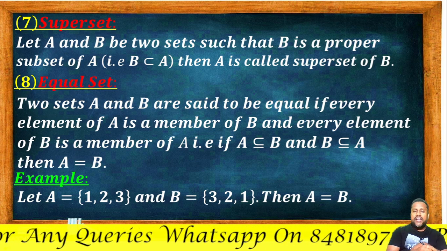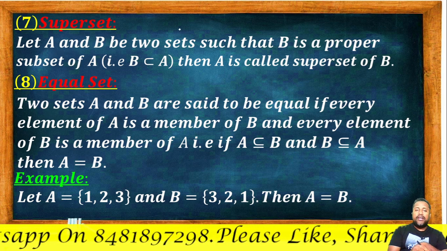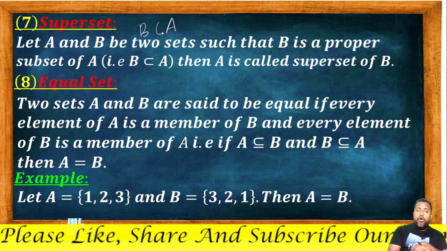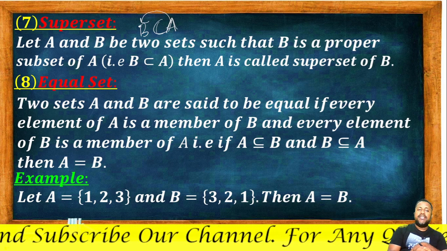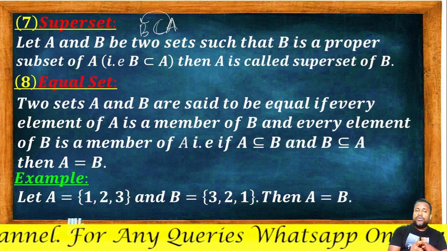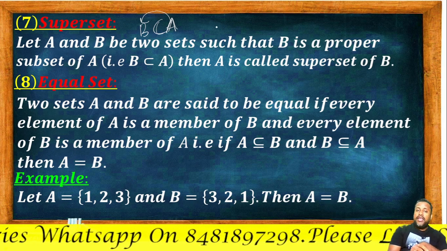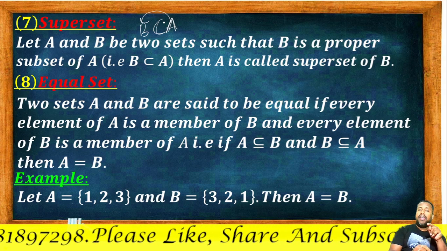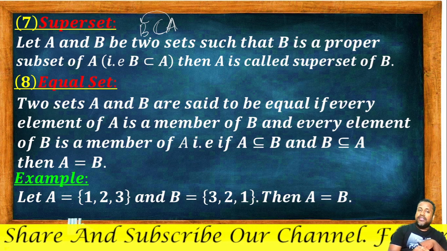We can define it like this: suppose A and B are two sets such that B is a proper subset of A, then we can say A is a superset of B. That means we can define superset only if a proper subset exists. Here, if B is a proper subset of A, then A is a superset of B.